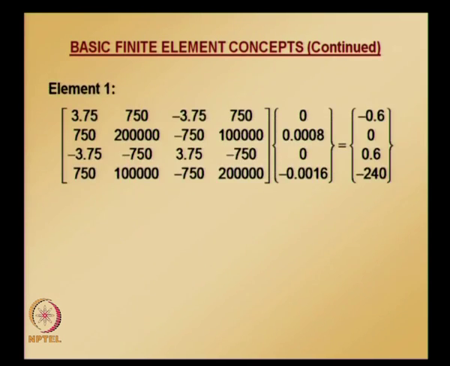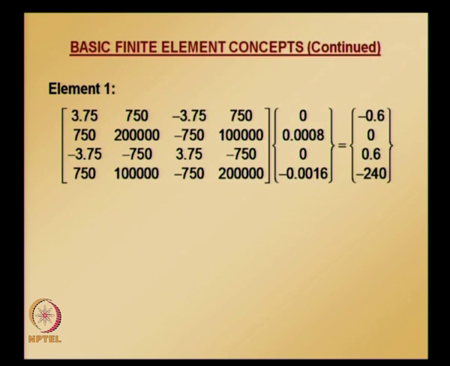So how do we get bending moment and shear at element ends? We go to the element 1 equations, we substitute in that equation system V1 theta 1, V2 theta 2 and calculate the bending moment and shear at x1 and x2, that is node 1 and node 2 of element 1.